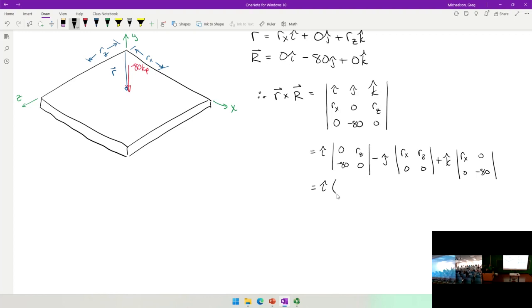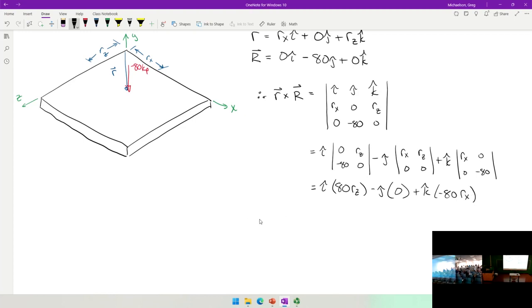So 0, 0, negative 80 Rz, so that's 80 Rz minus j. That's going to be 0 and 0. That's going to be 0. I can save myself some room there. That's going to be minus 80 Rx.